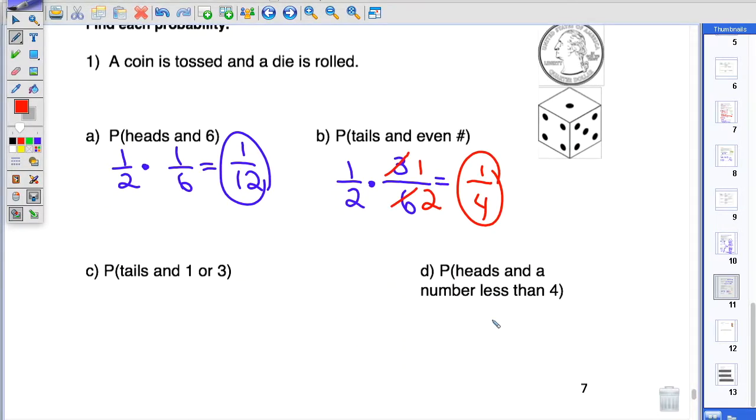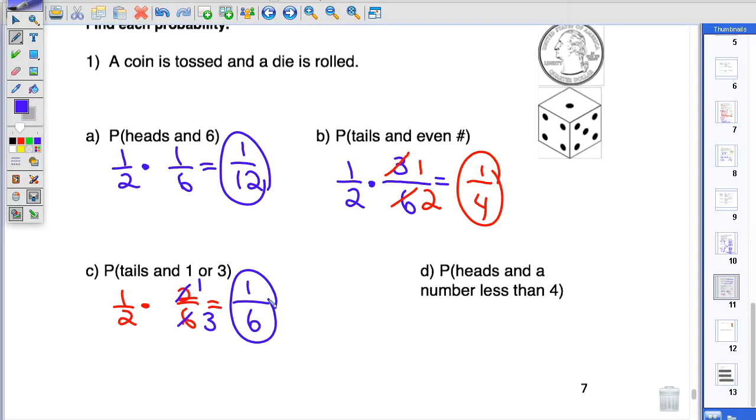C, the probability of getting tails and a 1 or 3, so tails is 1/2 times 1/3, so that's 2/6. We can reduce the 2/6, or we could cross cancel and we get 1/6. Probability of getting tails and a 1 or a 3 is 1/6.